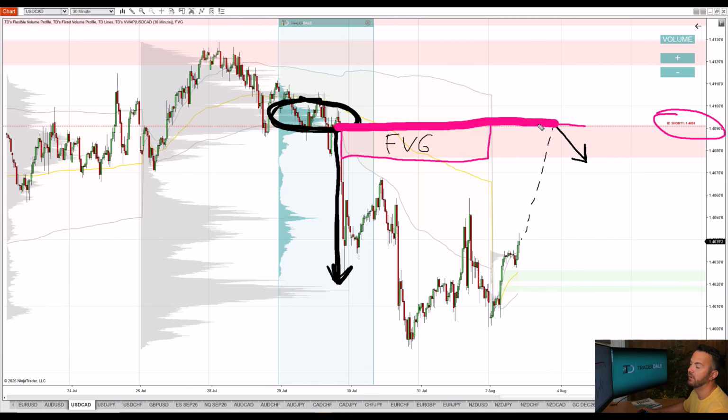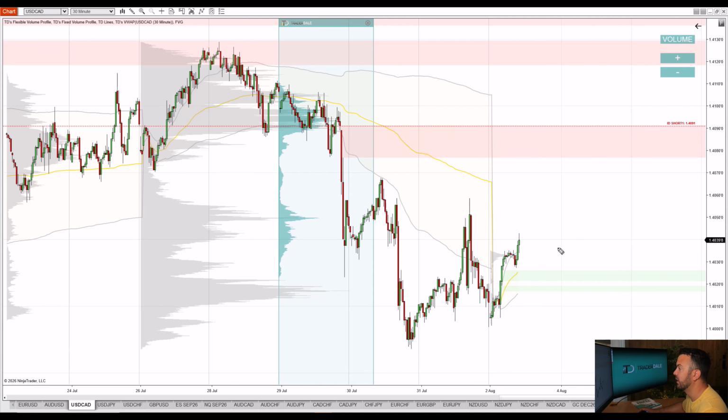This is the beginning of the fair value gap, and that's a place where I like to trade from. So again, we have this little confluence of the volume profile level and the beginning of the fair value gap. So now I'm just waiting for the pullback. When the price hits this level, it's going to be short from there.